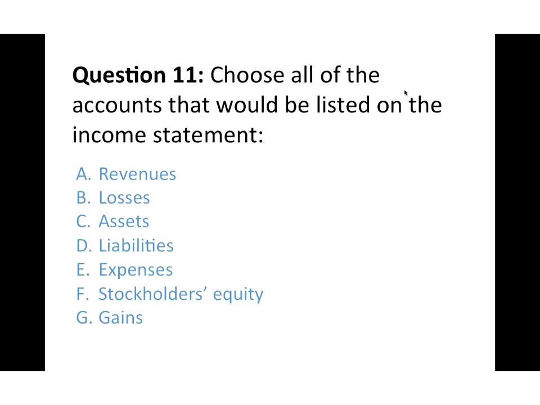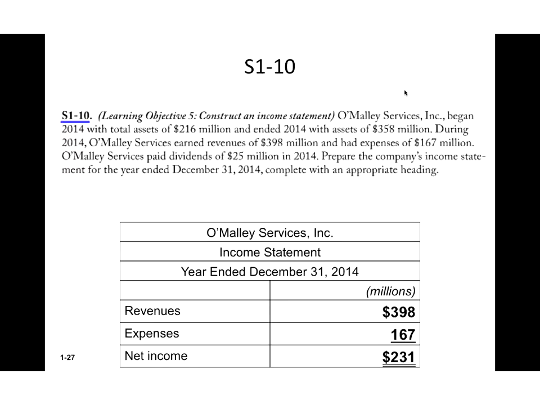Okay, so now let's do a question. This is just kind of all the accounts that would be listed on the income statement. Something just came up for me. As we go further in the semester, there are 2 other items that end up on an income statement: something called a gain and something called a loss.